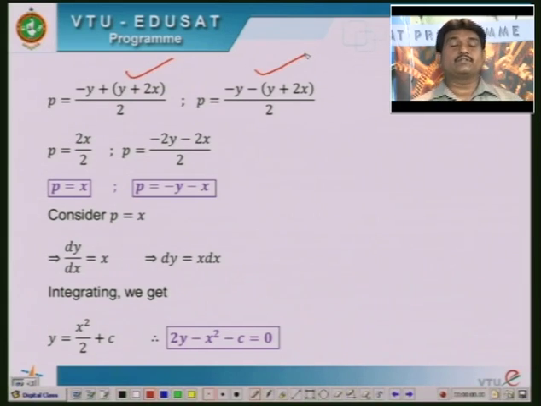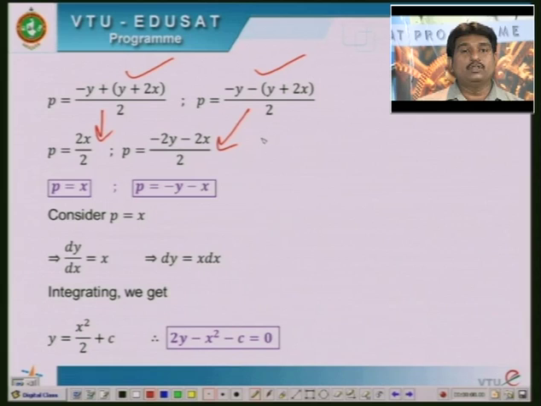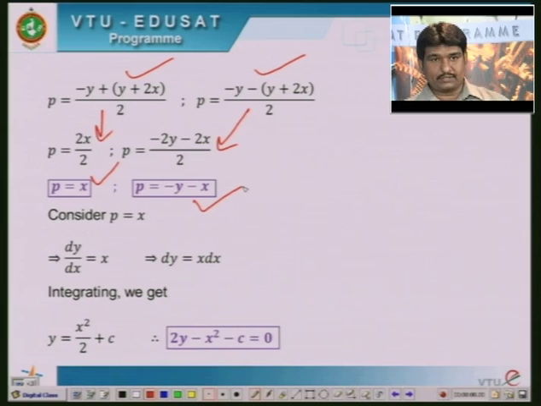So, 2 factors. Consider first one, simplify it to get p equals to 2x by 2. Second one, if you simplify, you will get it as minus 2y minus 2x by 2. Therefore, 2 first order first degree differential equations are p equals to x and p equals to minus y minus x.